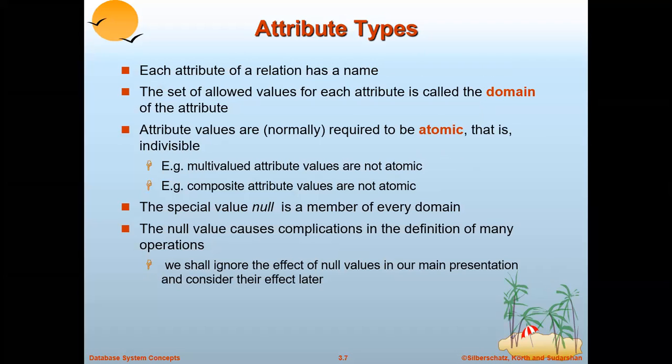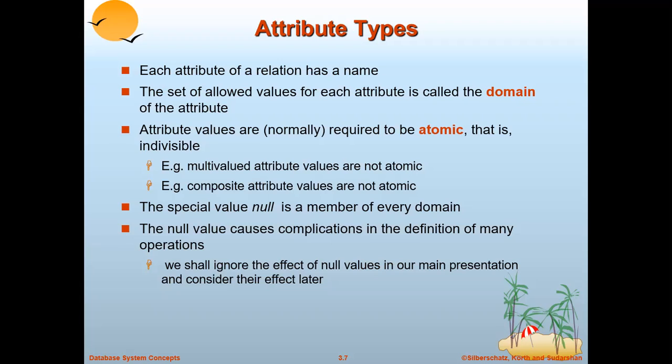So each attribute of a relation has a name, and the set of allowed values for each attribute is called the domain of the attribute, which we have seen. The permitted value for a relation or attribute is called the domain of the attribute or domain of the relation.